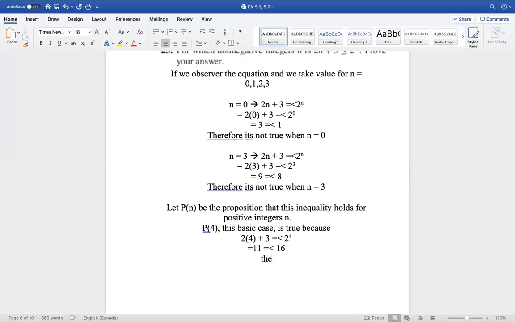So therefore this is true. Therefore the basic step is true.